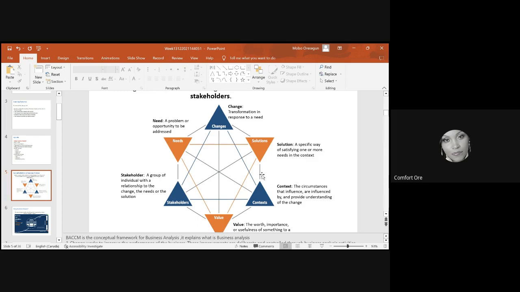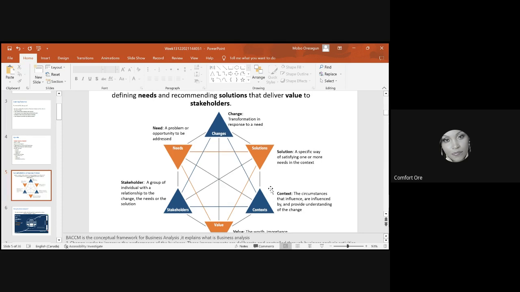As a business analyst, there will be a need that you are addressing that brings about a solution. You are a change enabler to the stakeholders, bringing value within the context of the organization.